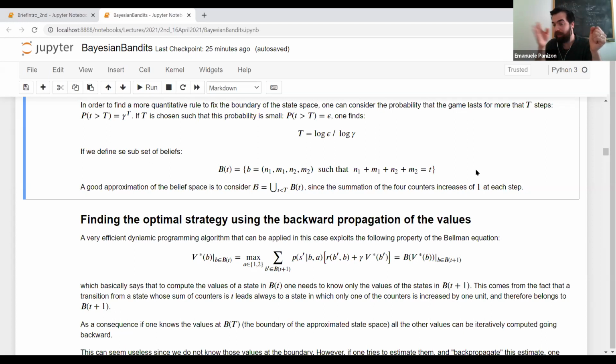If you remember the traveling salesman, you had all the states with 0 cities left, all the states with 1 city left, all the states with 2. Now we have all the states with t imaginary extractions, all the states with t minus 1 imaginary extractions. So these are slices of states all condensed together. The only point is that with the traveling salesman, the endpoint was just 1 and was perfectly defined, so we knew the real value from the last city because it was just the city to go back.